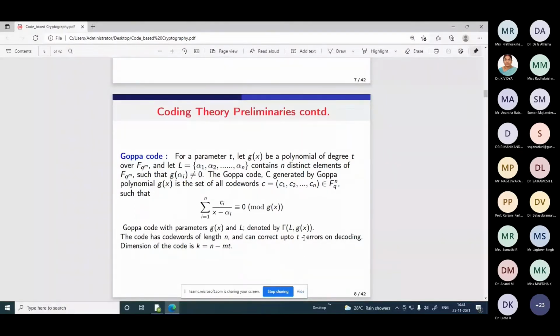From that you can find the dimension of the code. It is nothing but n minus mt. What does this m mean? n is chosen as 2 to the power m for the Goppa code. So n minus mt is the dimension of the code.